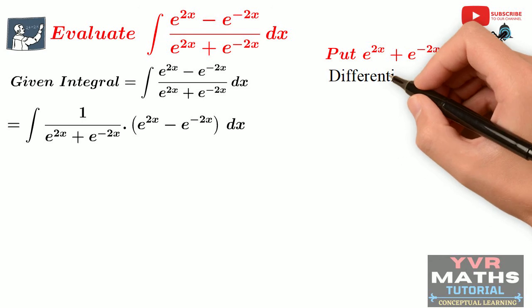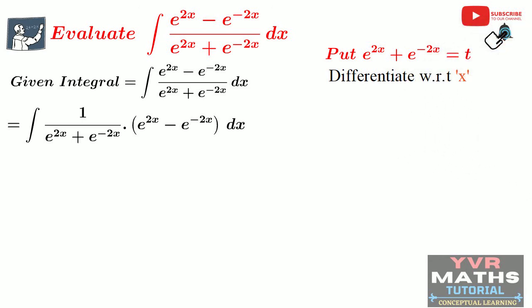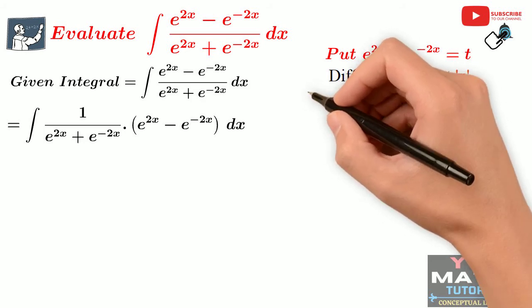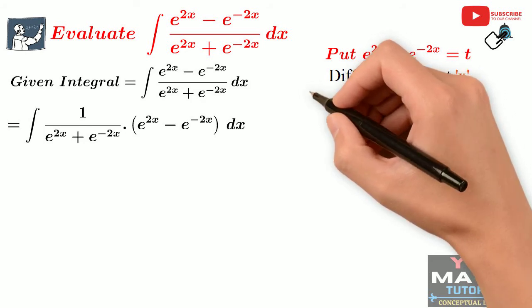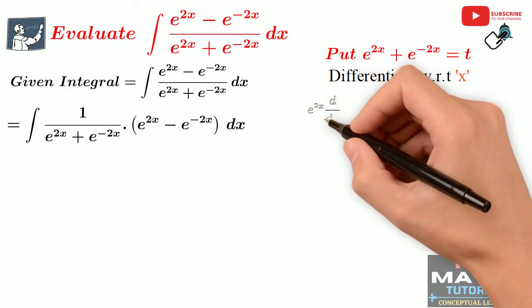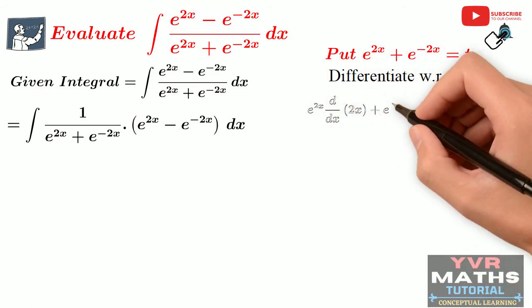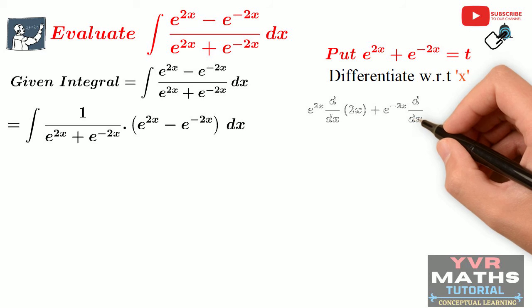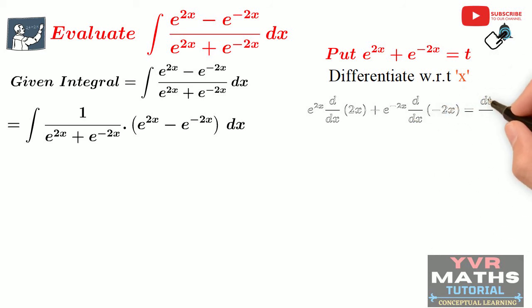Differentiate this with respect to x. Then the derivative of e power 2x is e power 2x into the derivative of 2x, and the derivative of e power minus 2x is e power minus 2x into the derivative of minus 2x. And the derivative of t is dt by dx, using the chain rule. So the next step is e power 2x into d by dx of 2x plus e power minus 2x into d by dx of minus 2x is equal to dt by dx.